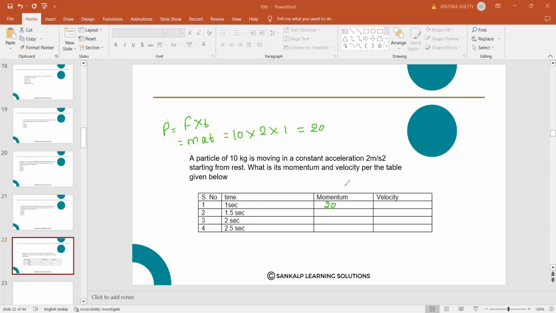Yes, what is the momentum, second answer? Yes, Shreya, it is 30, right. Yes, 30. What about the next?